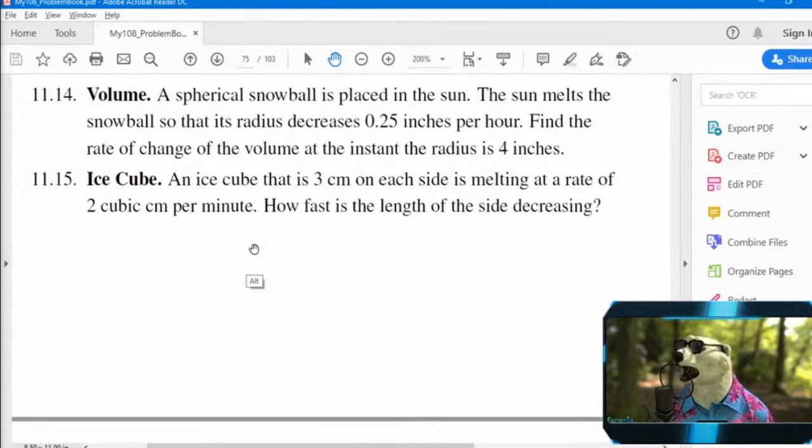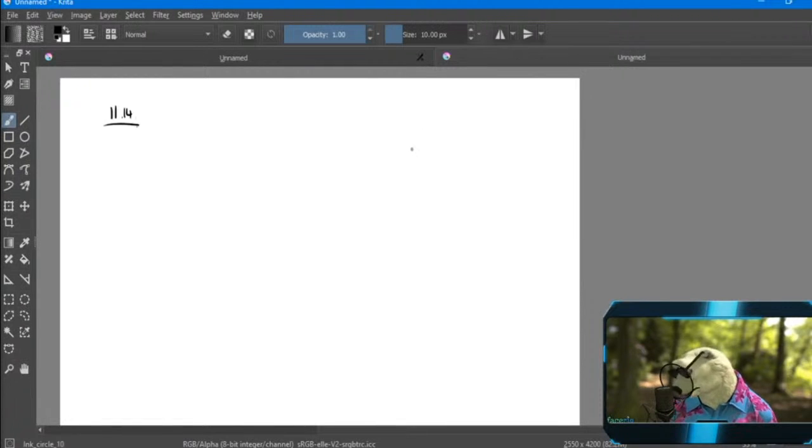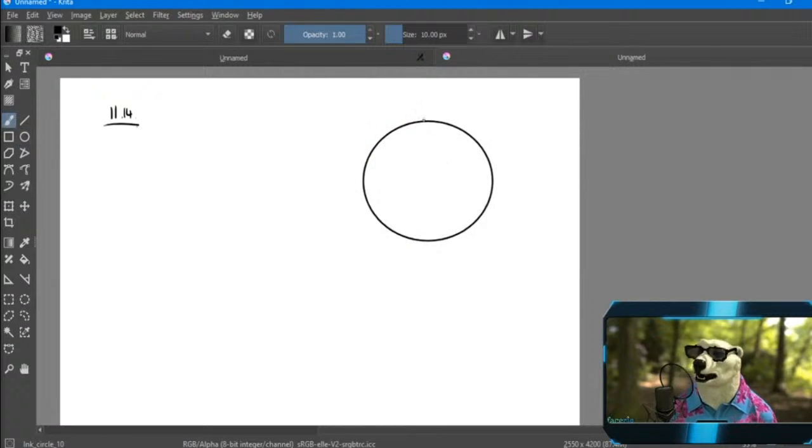to know. So I have a sphere and its volume is changing, so let's draw a picture and set that up. So we can have a little circle here. Nice and big. So let's suppose we have our sphere like that. We have a radius, and we're interested in volume.